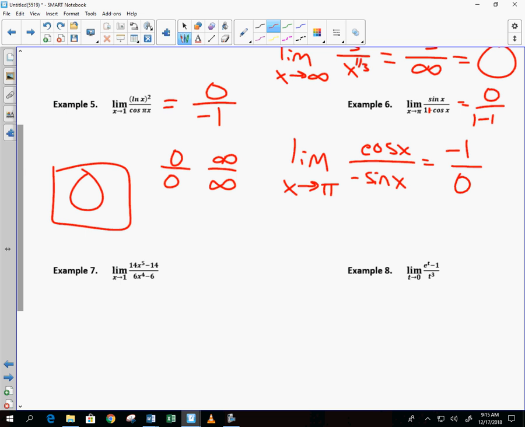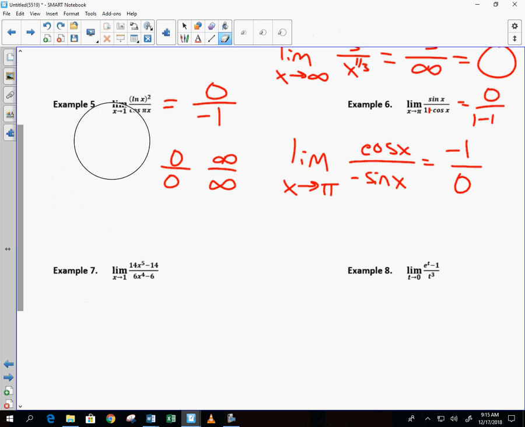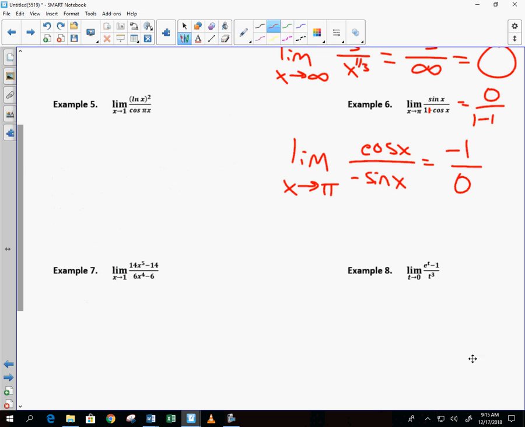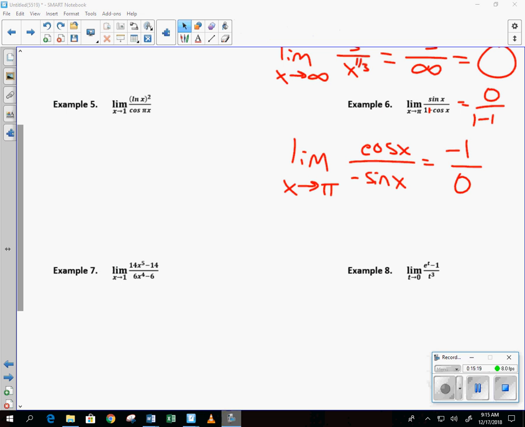I think that we can make an argument for what this limit may or may not be. It is not necessarily undefined. It is not necessarily does not exist. We need to consider this a little bit more carefully. However, fortunately for you guys, you are very intelligent and you know exactly what these graphs look like.